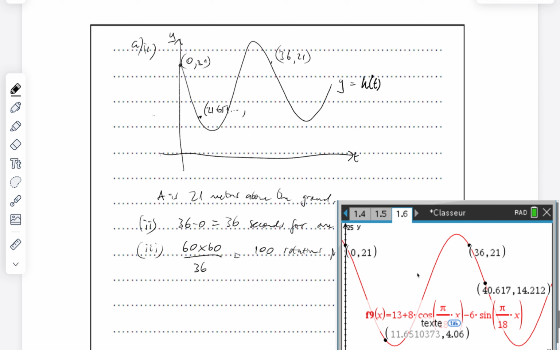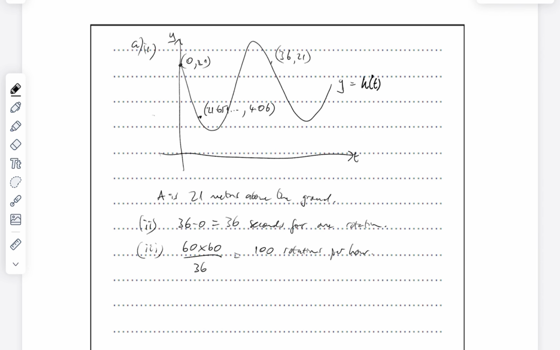So BI, K equals 21.651, approximately equal to 21.7 to 3 significant figures.